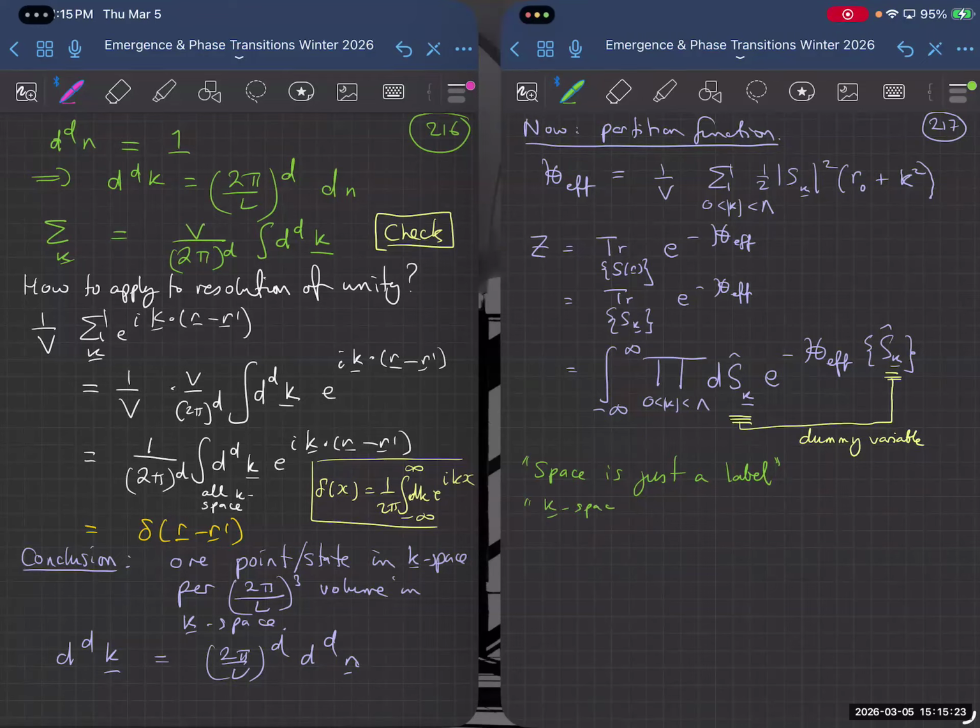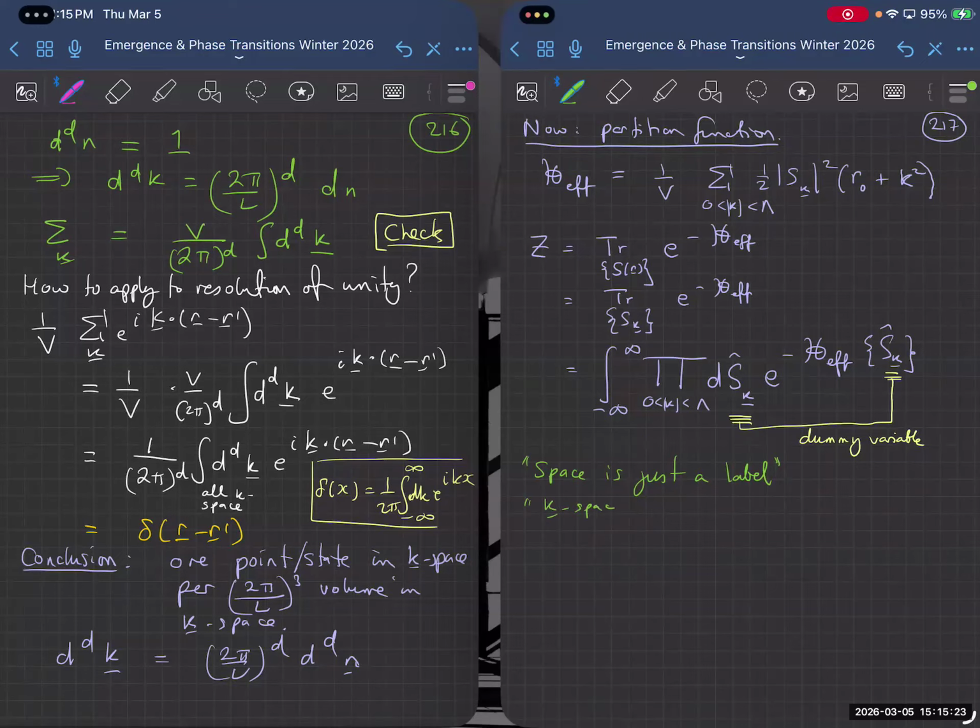You can see here that the states are labeled by K over here, and we are summing over all of those K values. So it's a dummy variable, and it just is a label on the degrees of freedom. Okay, so you don't have to worry about what that means. That's what we're doing as a functional integral.